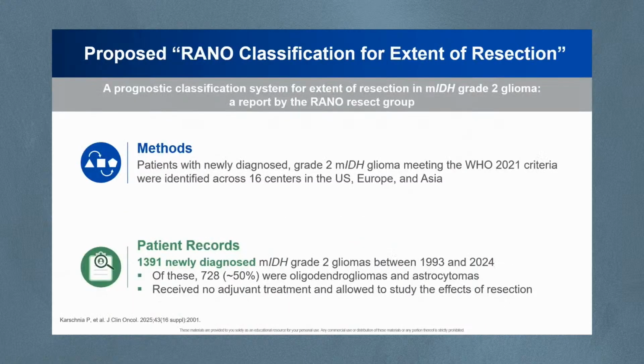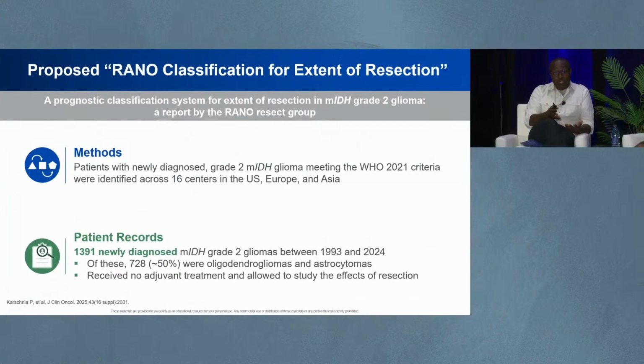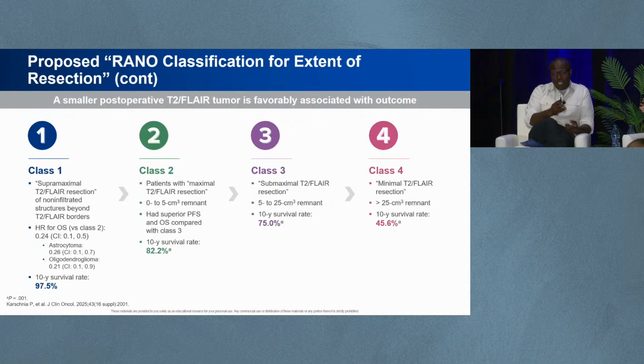But a couple of other features of this 16-center study came out. Well, first of all, now we're talking about almost 1,500 patients, newly diagnosed, IDH wild type and mutant, over roughly a 20-year follow-up period. And we can see again, class 1 through 4 with a super complete, but we can see again now that the 10-year survival rate for somebody with a class 1 resection in an IDH mutant tumor is 97.5%.